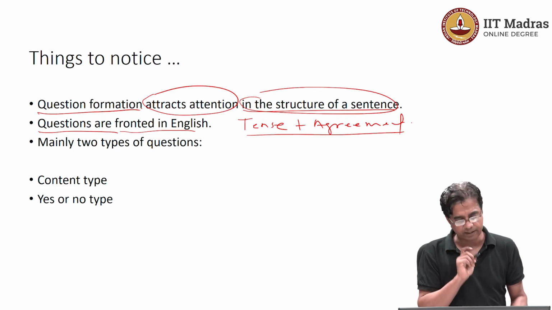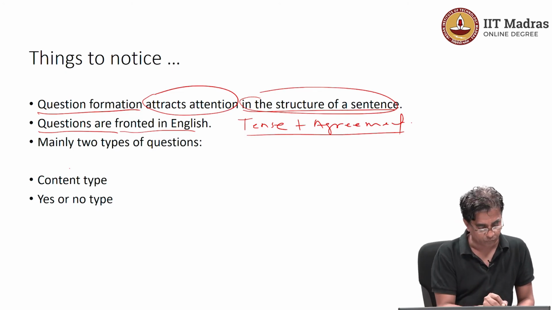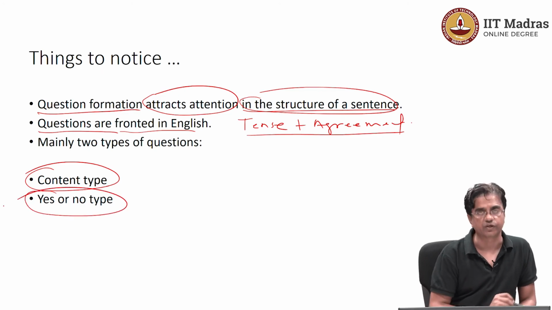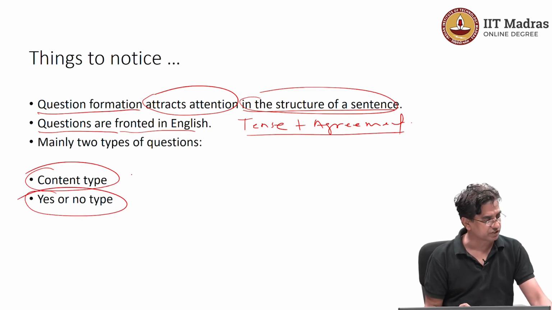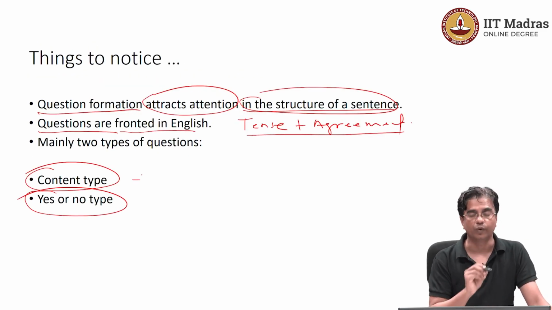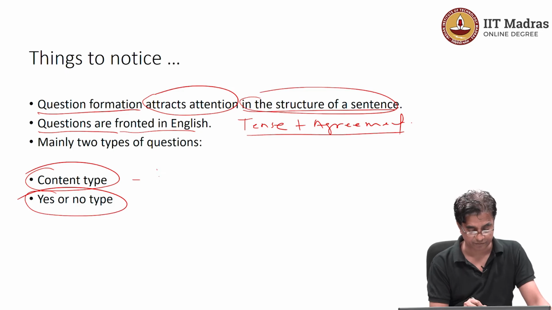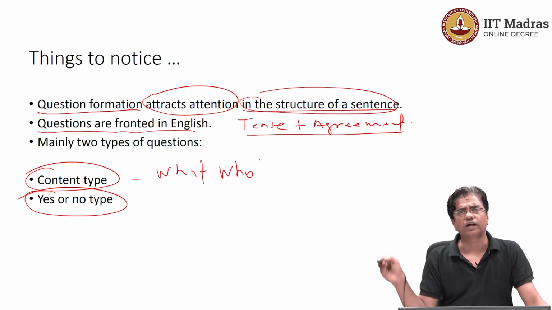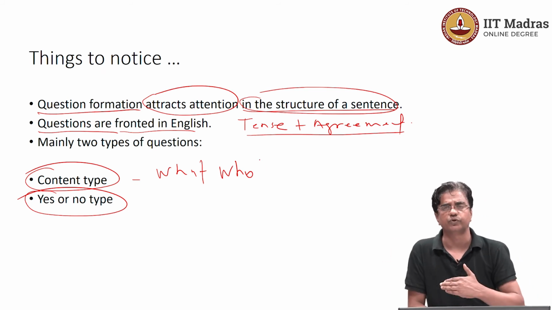There are two types of questions in English. One is content type question and the other is yes-no type question. Content type questions are questions with words like what or who, all kinds of question words that I don't want to give you the list of.